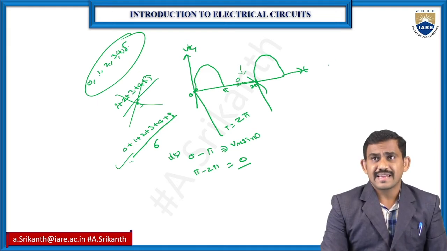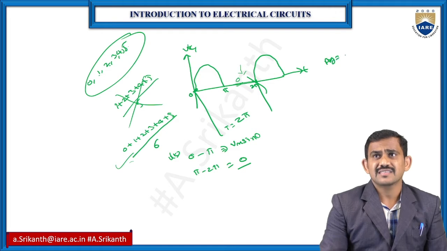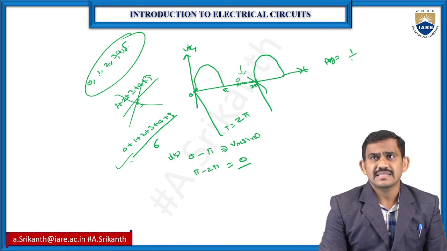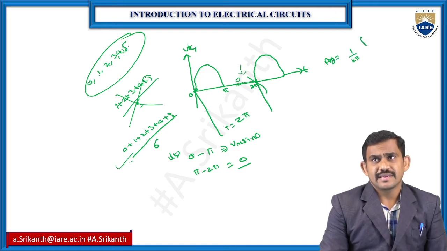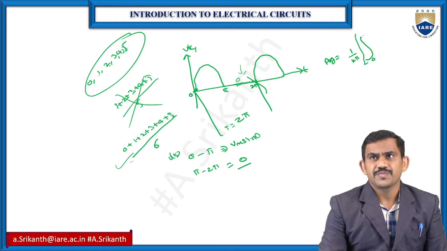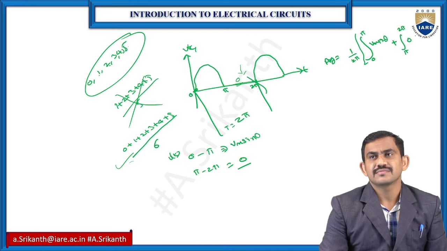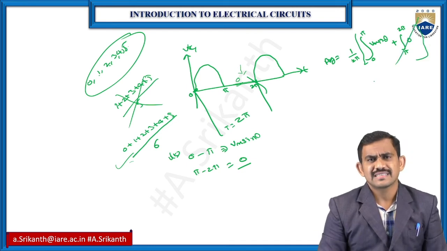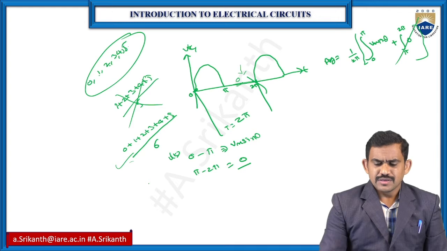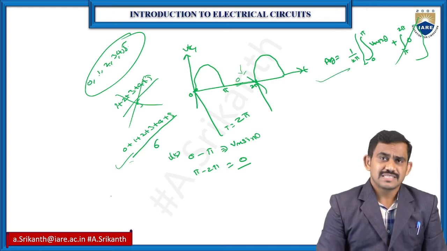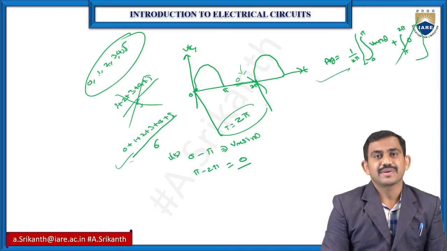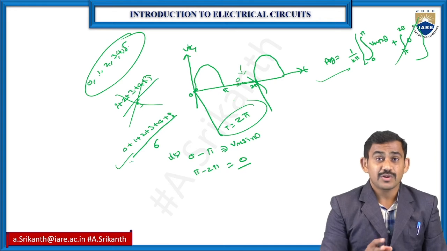So your average is 1 by T, where T is 2 pi, integral from 0 to pi of Vm sine theta, plus pi to 2 pi, which is 0, so no need to consider. From this we get the average. For RMS we also have the same time period. That is about the half wave.